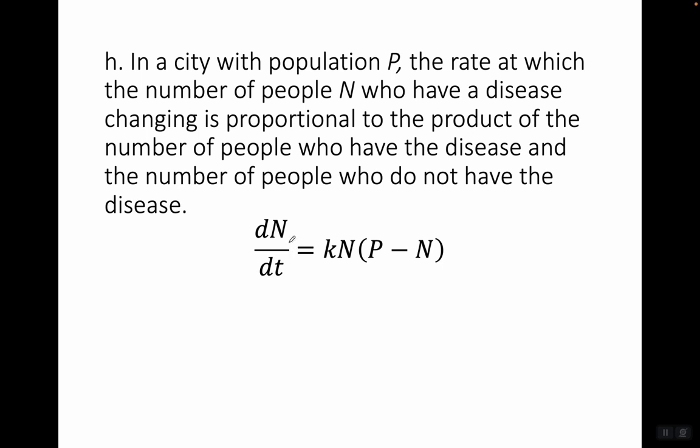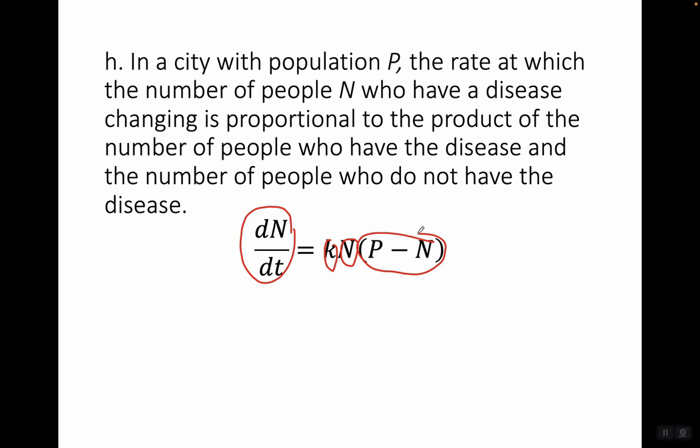The rate of change of the number of people n who have the disease is dn/dt, and we're told that's proportional to, so in other words, it's going to be k times the number of people who have the disease, that's n, and the number of people who do not have the disease. Well, if p is the total population and n is the number who have the disease, then p minus n is the number of people who don't have the disease. So the way we'd represent this statement as a differential equation is dn/dt equals kn times (p minus n).